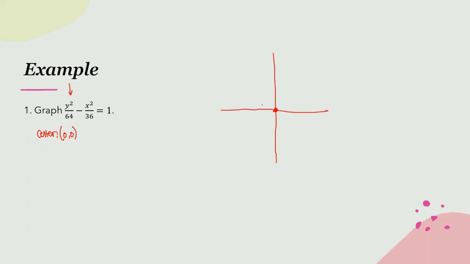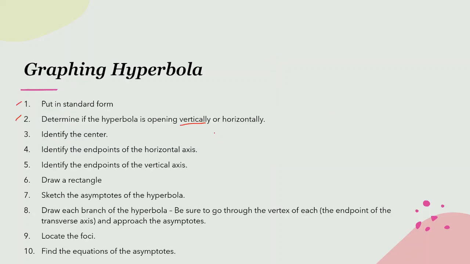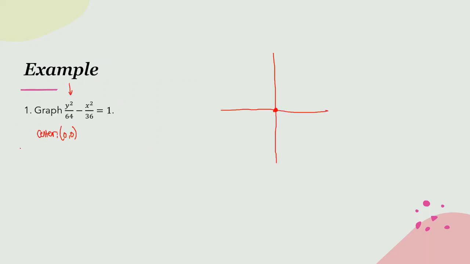Afterwards, after we have located our center, the next step is we have to identify the endpoints of the horizontal axis. How can we determine them? We'll be basing on the values of a squared and b squared.